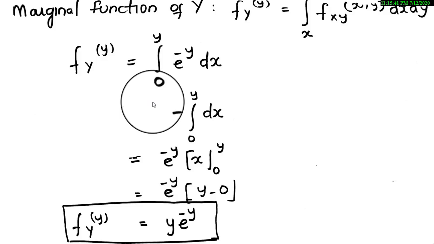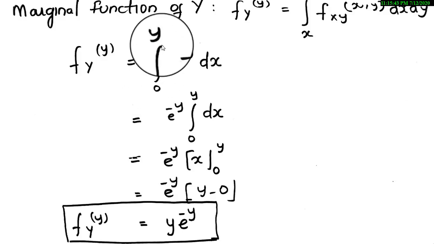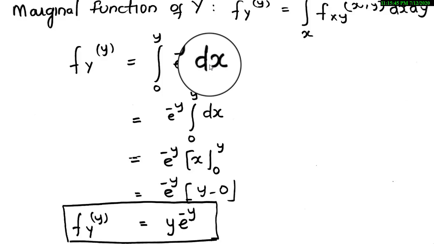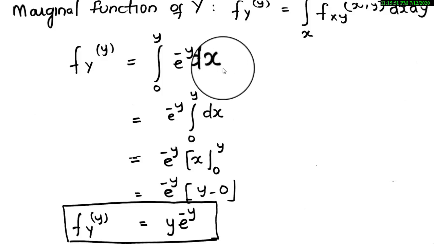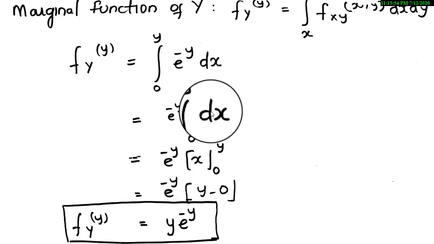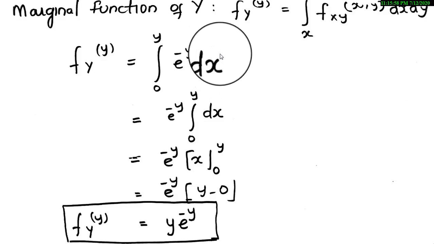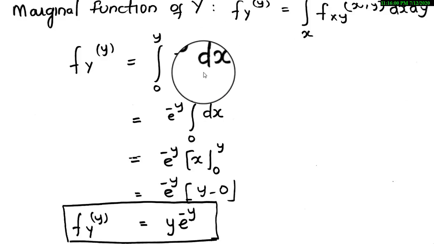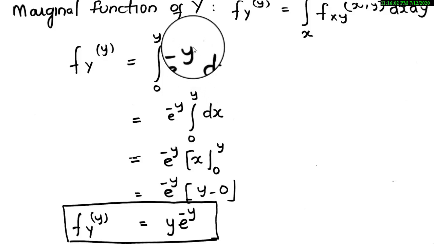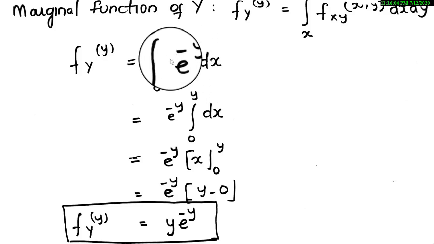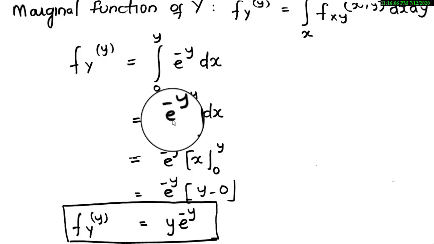We've already seen the range of x is from 0 to y, e power minus y dx, right? With respect to x, we have to write over here. Now e power minus y is a constant. Why is it constant? Because we are doing the integration with respect to x. Hence the values that are associated with y will be constant and are taken outside.